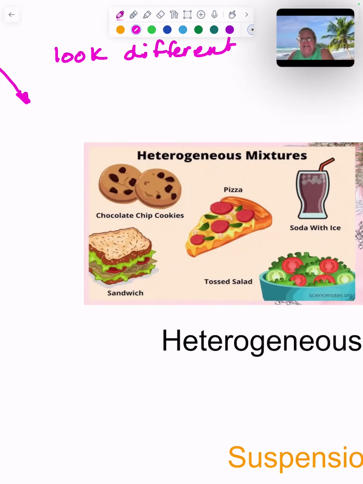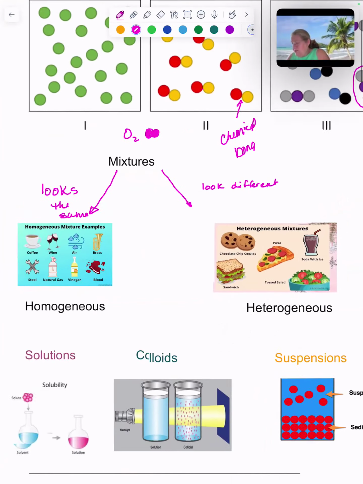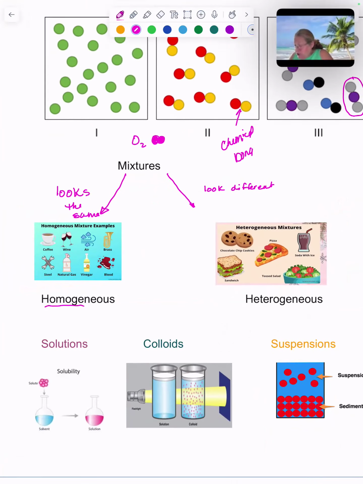It's easy to separate. Soda with ice, you can take out the ice. Tossed salad, you can pick out whatever part you don't like. They're easier to separate. Okay, so they're classified as homogeneous, which looks the same throughout, and heterogeneous, which looks different throughout.